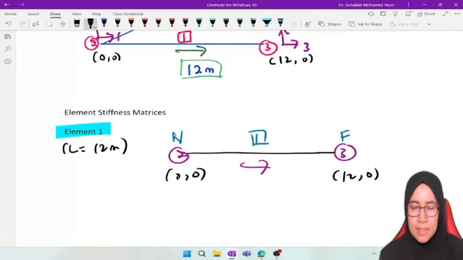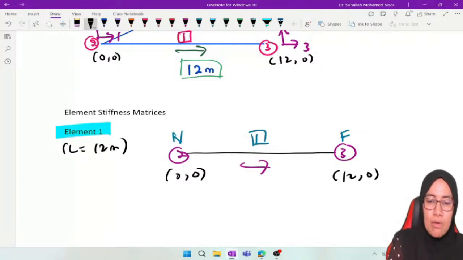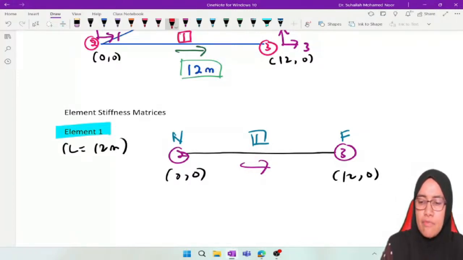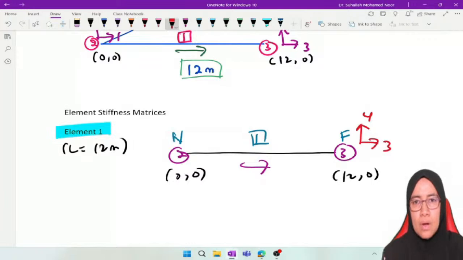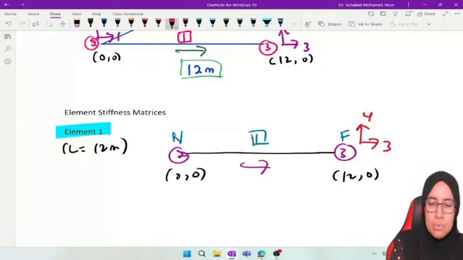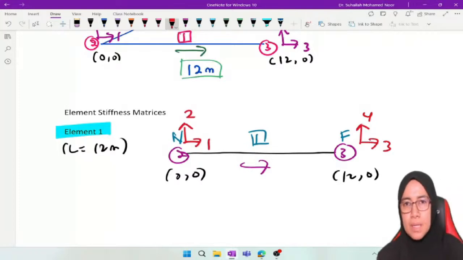What else? The degrees of freedom. For node number 3, the degrees of freedom are 3 and 4, and for node number 2, the degrees of freedom are 1 and 2.